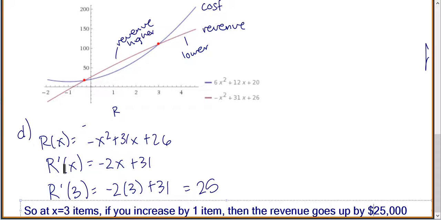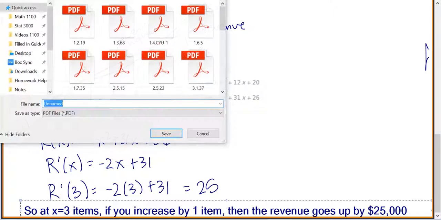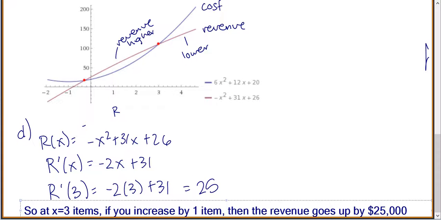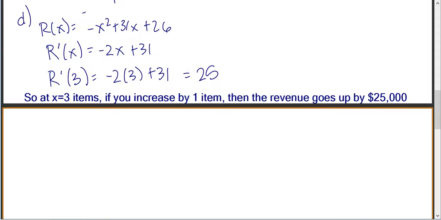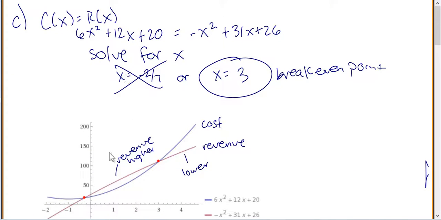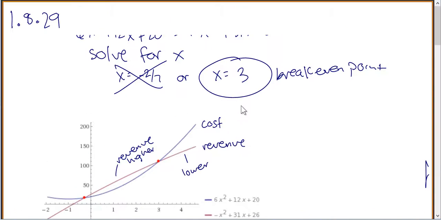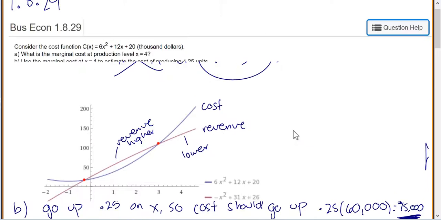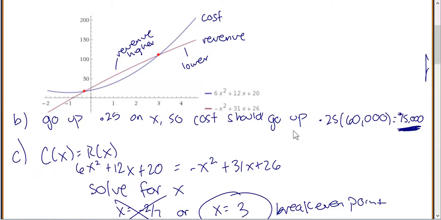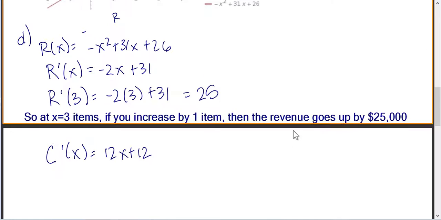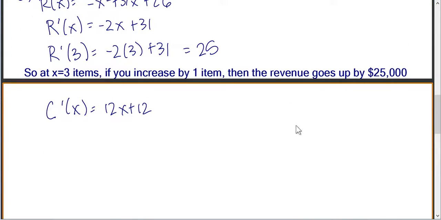Doesn't sound too bad, but we should probably compare what our marginal cost is as well. So C prime of x, we found that up above, and it was 12x plus 12, right, if I remember. I think it all got erased.